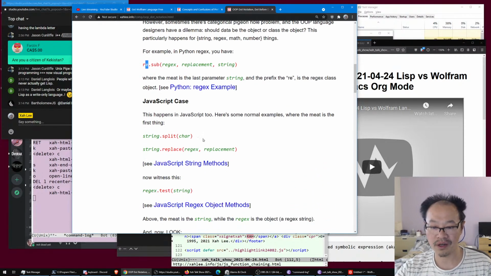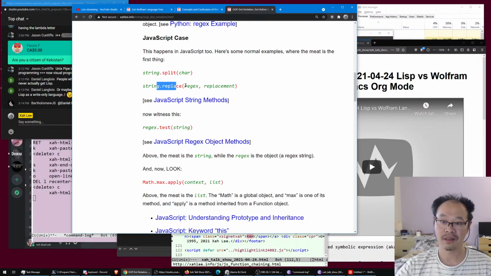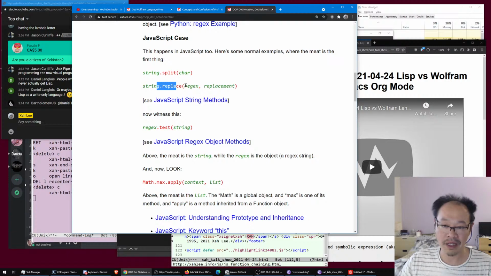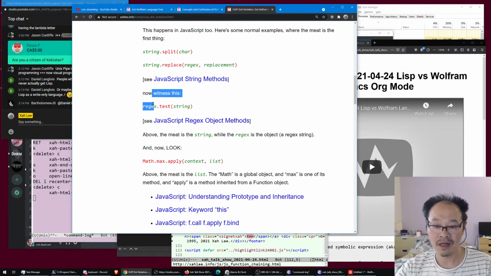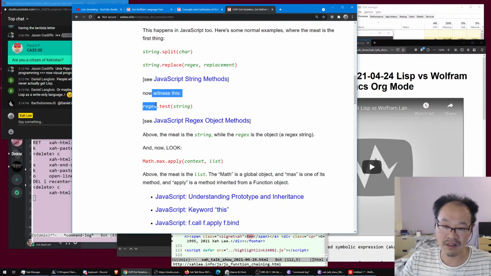And in JavaScript, you have the same thing: string.split or string.replace. You begin with a string, which is the thing you want to work on, then you dot the method, what you want to do with it. But there's inconsistency. When you want to use a regular expression, you have the regular expression first, then dot a method of the regular expression, then you put a string. So there are actually two kinds, inconsistent.